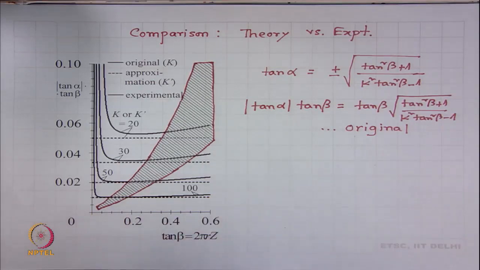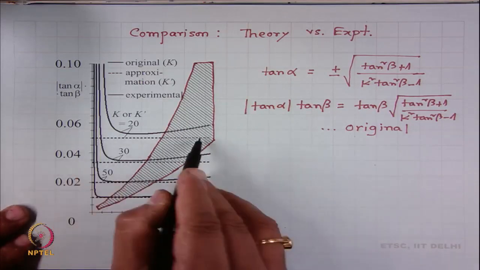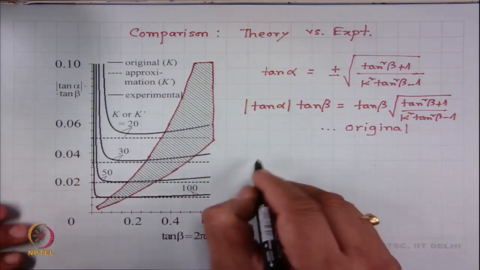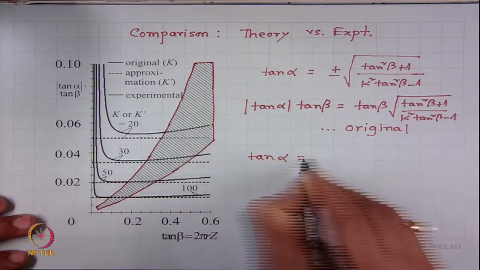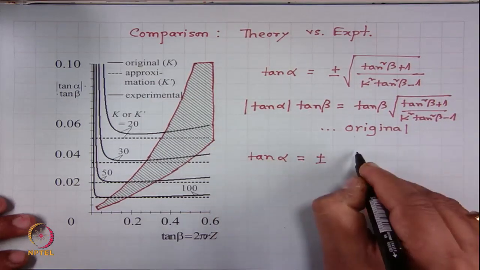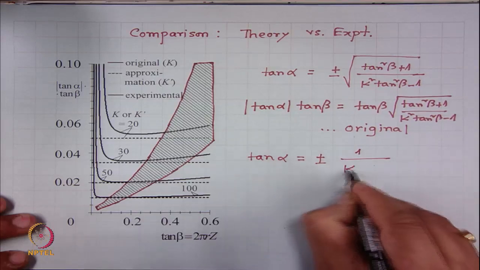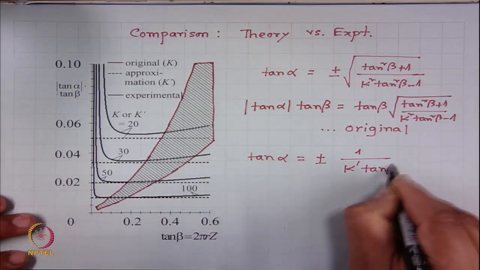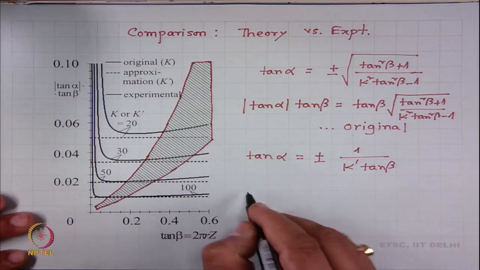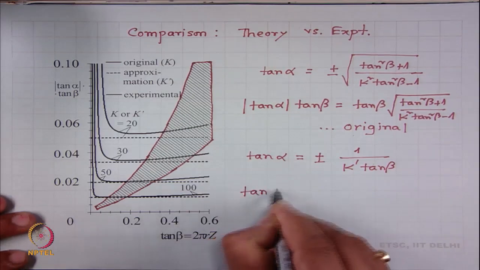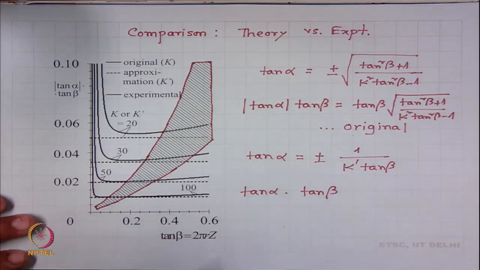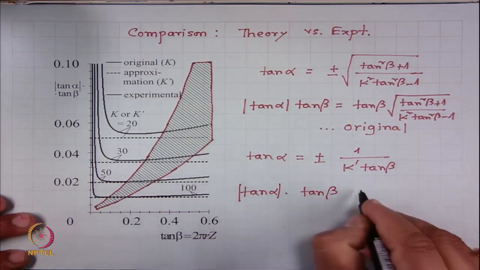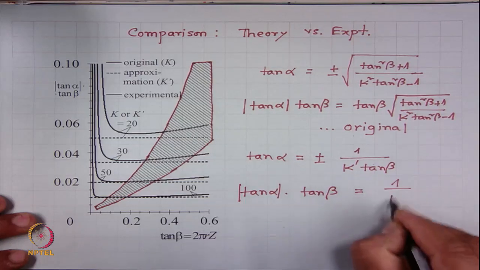An approximated equation is shown by the dotted line. What was the approximated relation? You remember, tangent of alpha equals plus minus 1 by k prime tangent of beta. So, tangent alpha into tangent beta, and if we take the absolute value, then it becomes this.